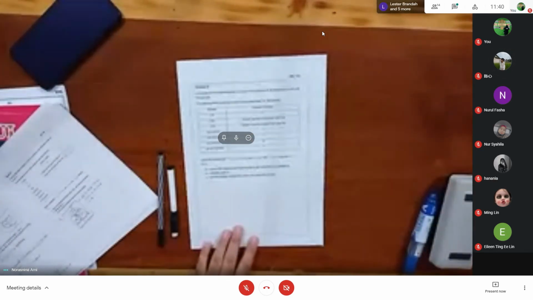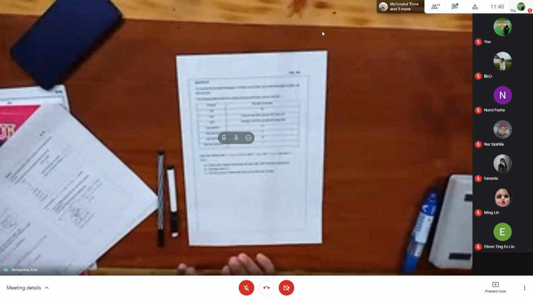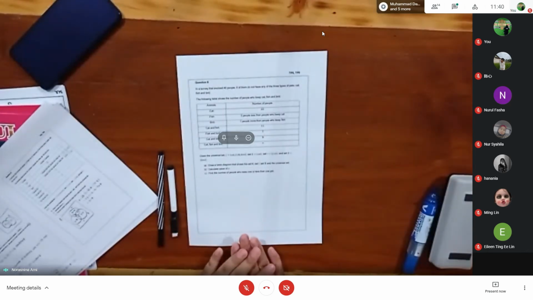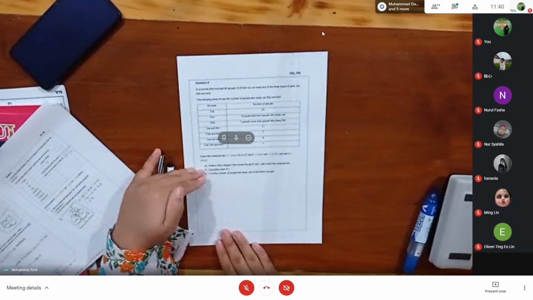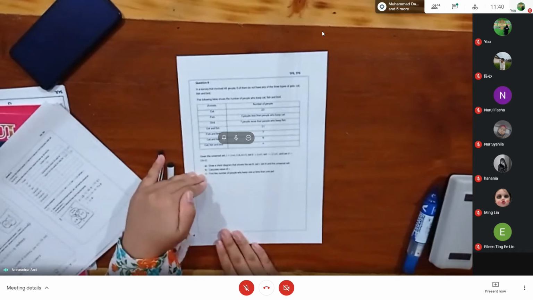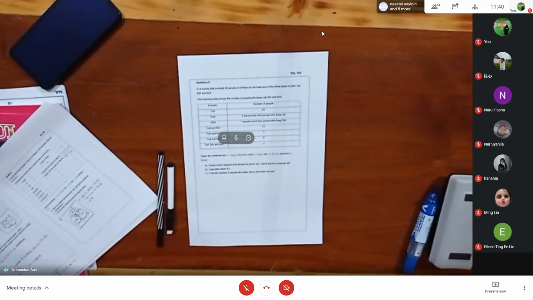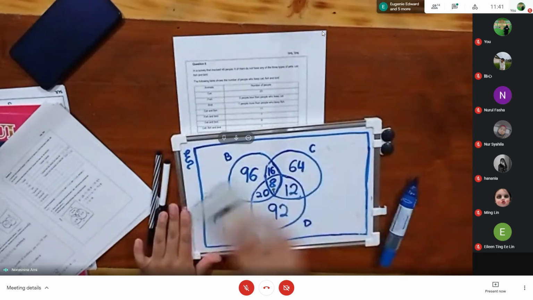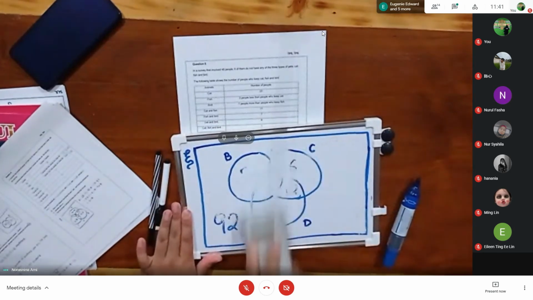Question 8. Okay, question 8 is very hard, but I will show you how to draw the Venn diagram only. For the calculation, you need to do it yourself. Now we erase this whiteboard.